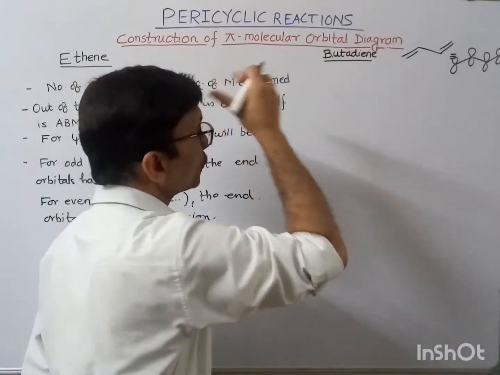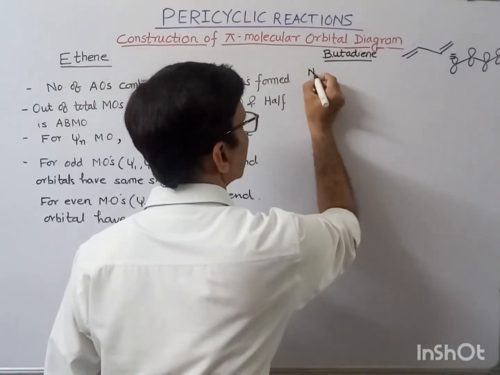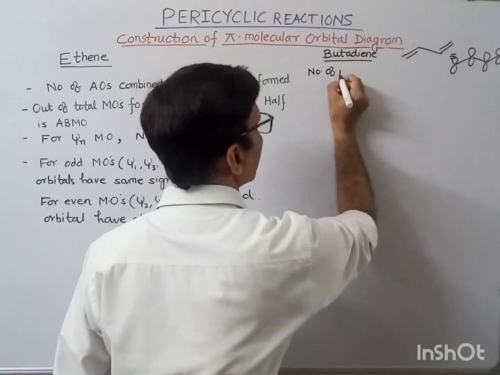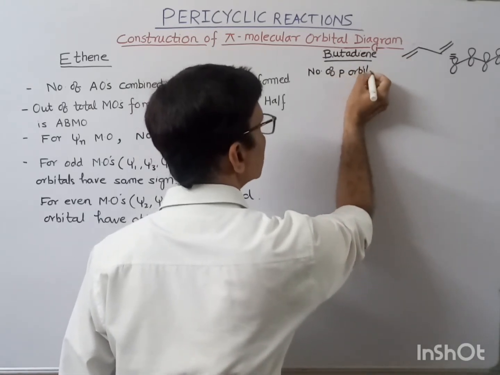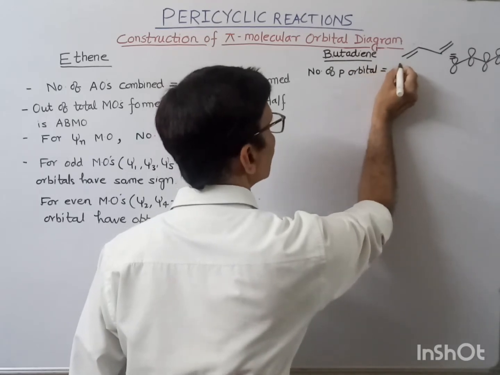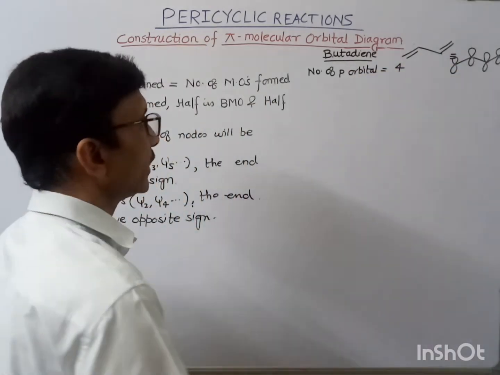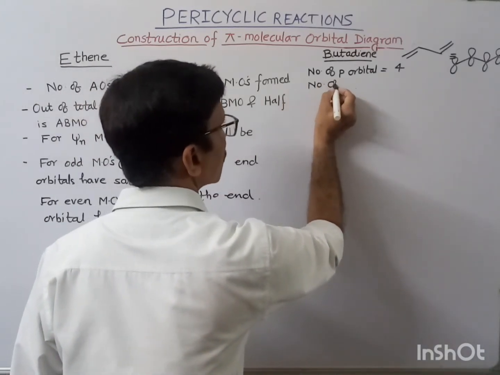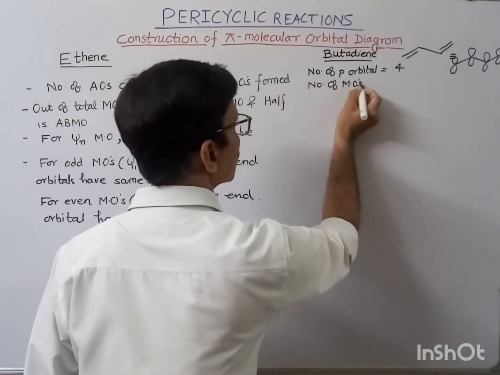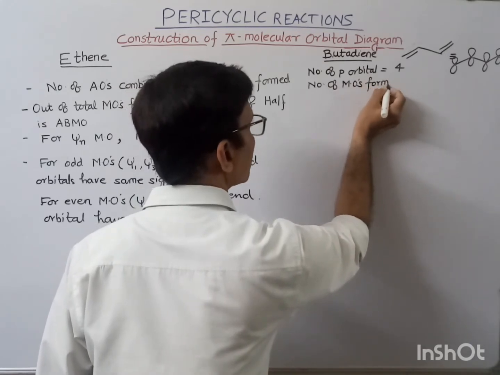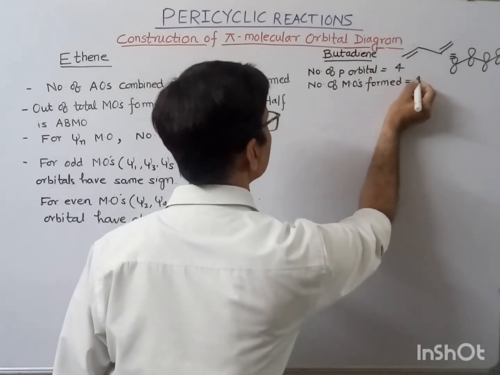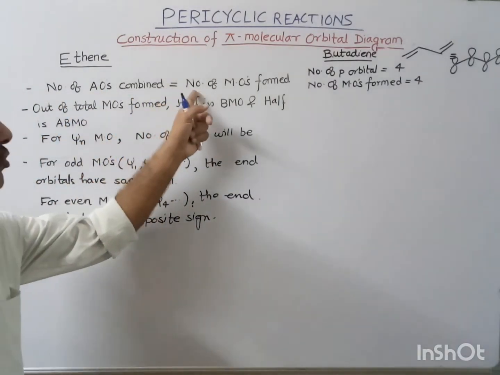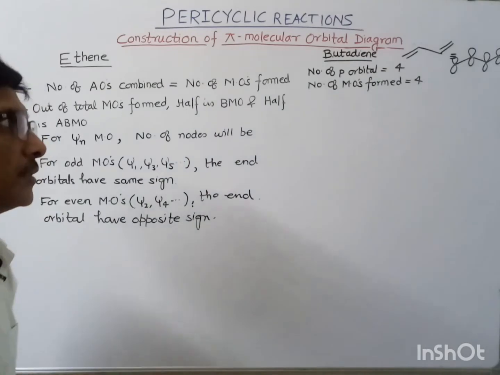So how many p orbitals will combine? 4 p orbitals will combine. And how many molecular orbitals should form? 4. The number of molecular orbitals formed is equal to 4.